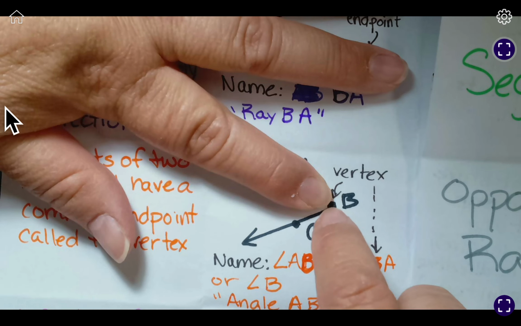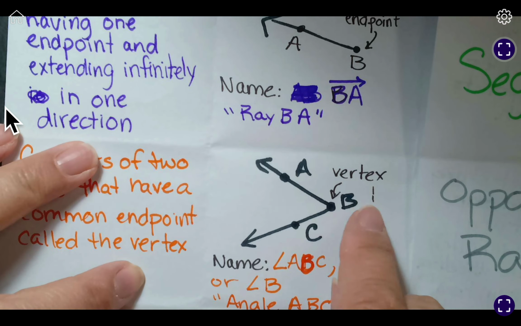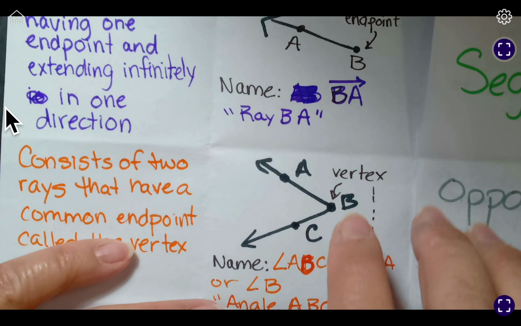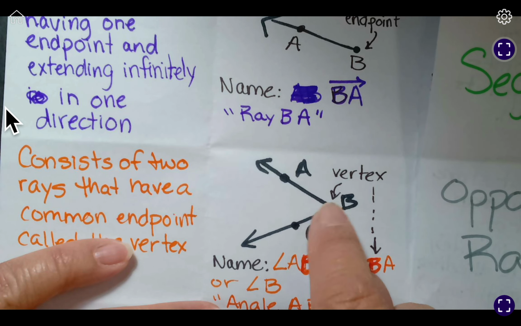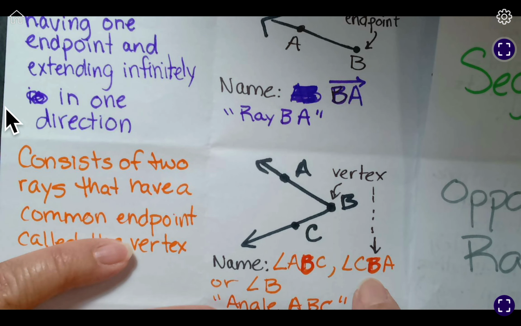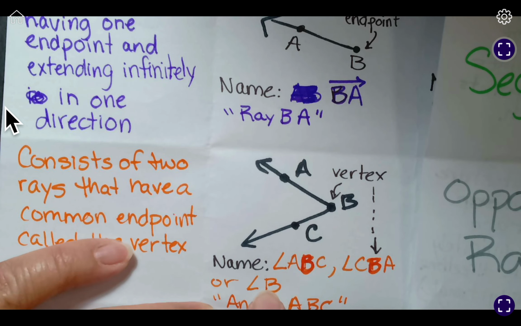And they both have this same endpoint. So that's ray BA and BC. And the angle, you name it angle ABC or CBA. The vertex should always be in the middle. And if there's no other angles here, you can just call it by its nickname, angle B.